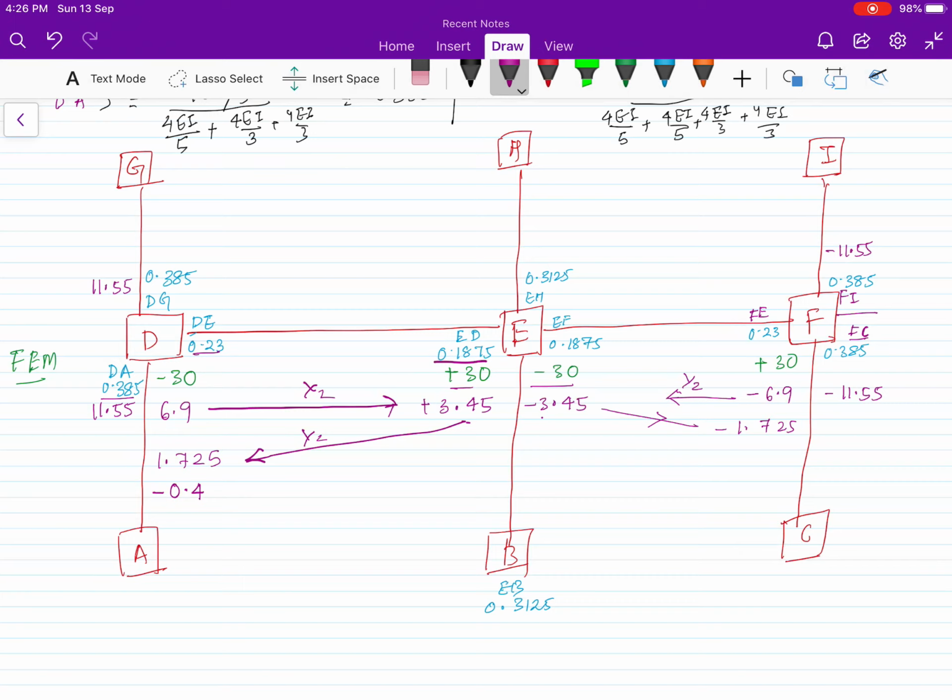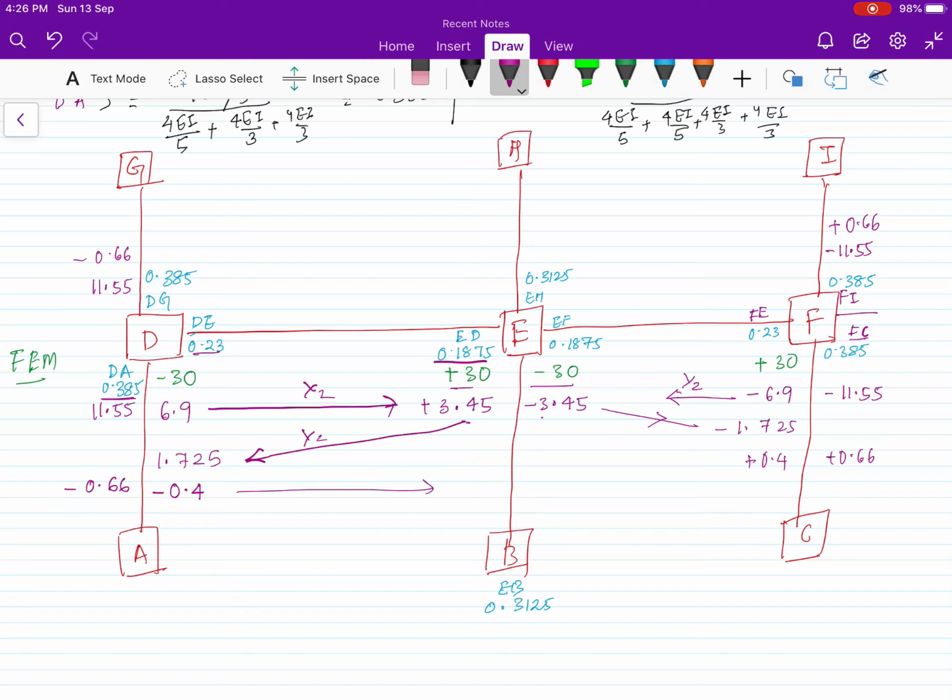So it's 1.725 into 0.385, the distribution factor, we'll get for the column minus 0.66, and here minus 0.66. Similarly, minus 1.725 at point F, we are going to multiply with the distribution factor. We are going to get here plus 0.4. Here we'll get plus 0.66. Okay.